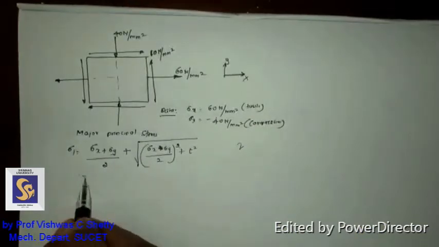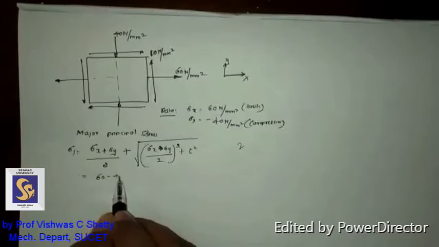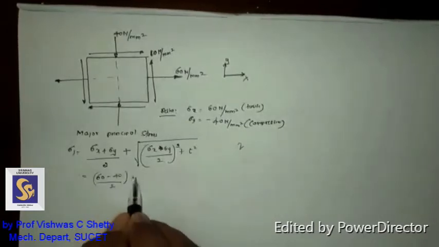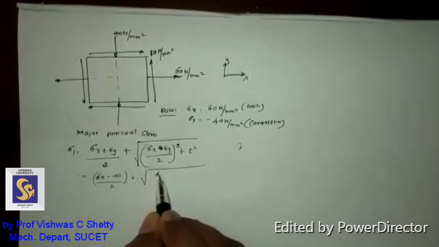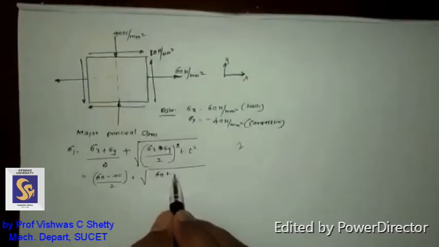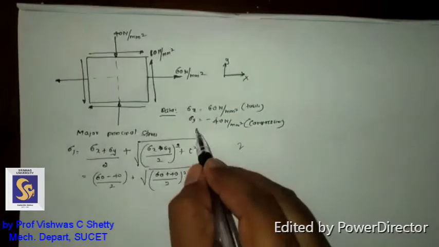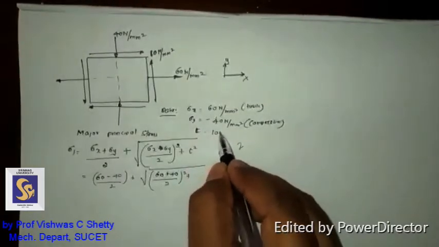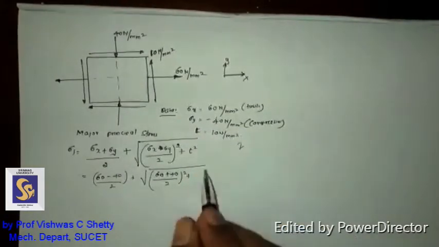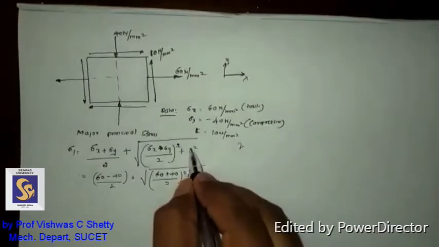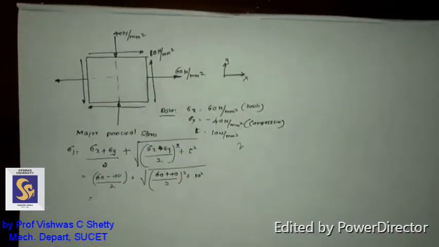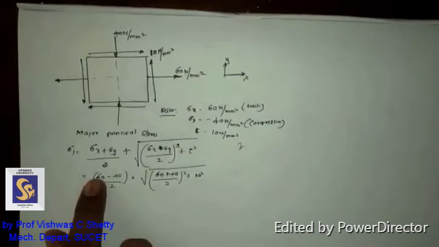Okay, so if we substitute that here, 60 minus 40 by 2 plus root of, and tau is also given. Tau is 10 Newton per millimeter square. What equation will you get? 60 minus 40 is 20 by 2, 10.